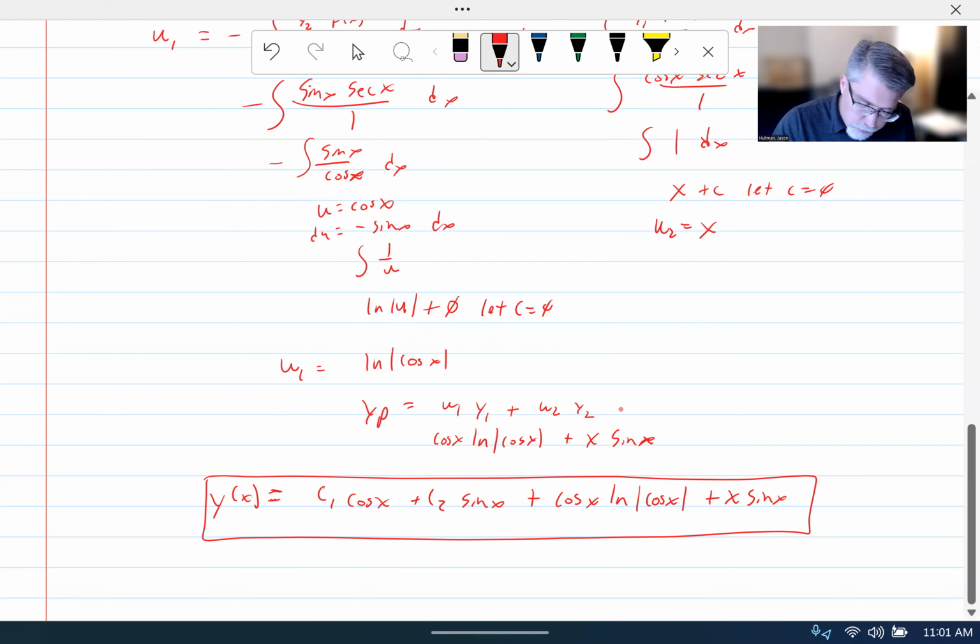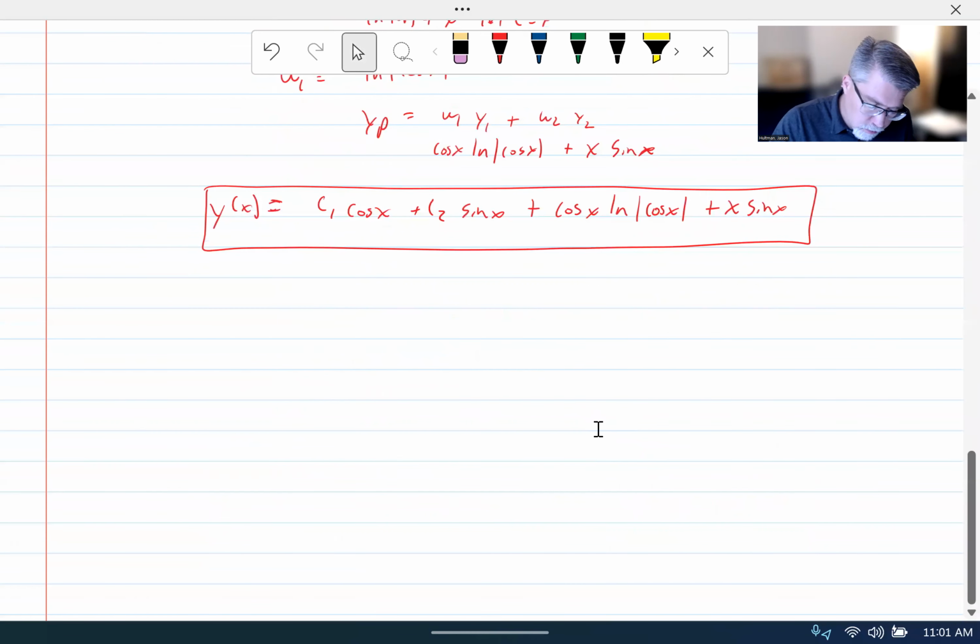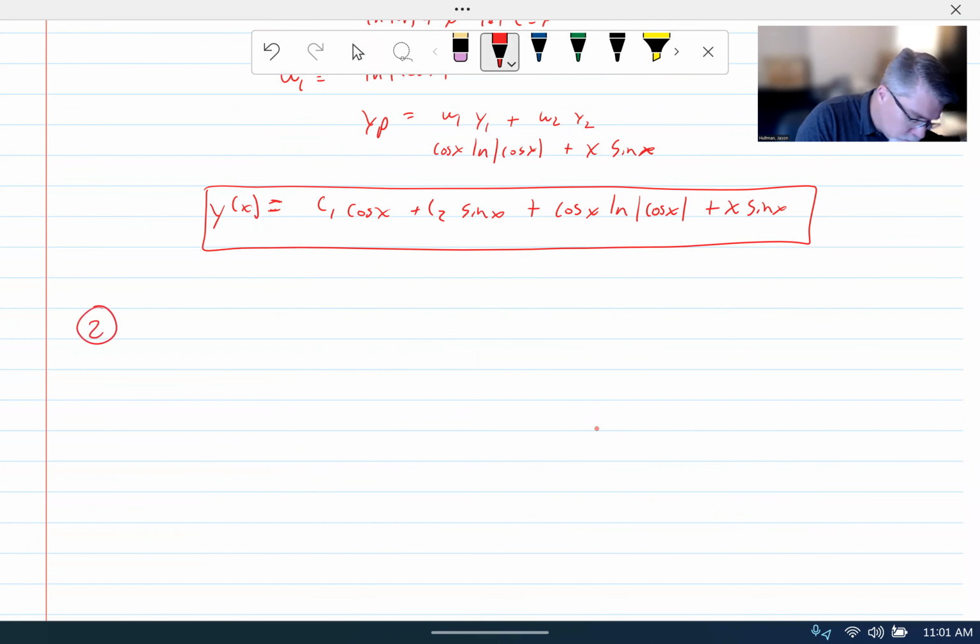Okay, let's try another one of these. Number 2. I have y double prime plus 4y prime plus 4y equals e to the negative 2x natural log of x.